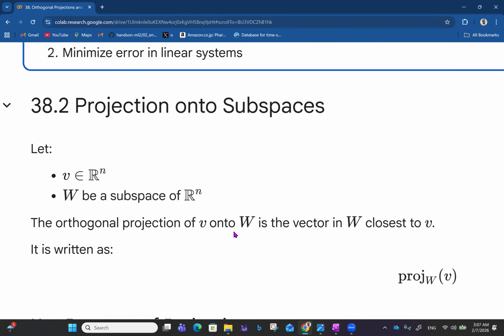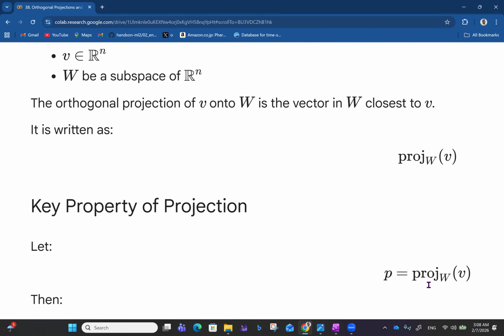The orthogonal projection of V onto W is the vector in W closest to V, and it is written as the projection of V onto W. So we are projecting a vector onto a subspace. Under Gram-Schmidt orthogonalization, we saw how to project a vector onto a vector. Now we are saying how to project a vector onto a subspace.